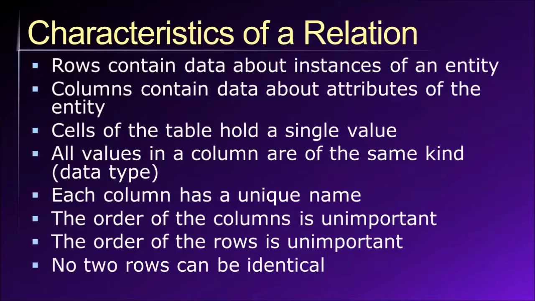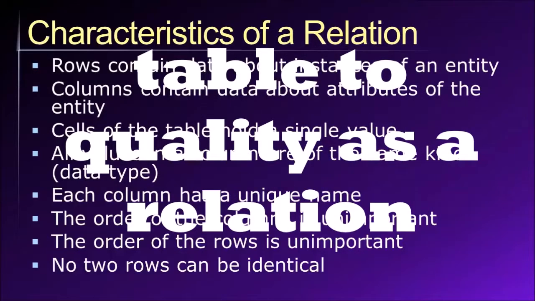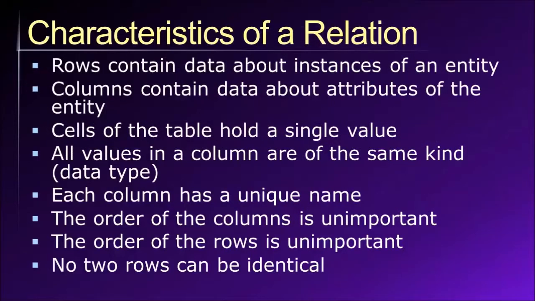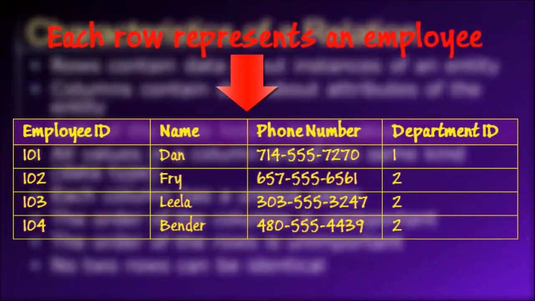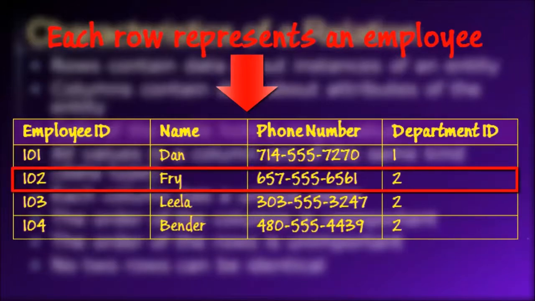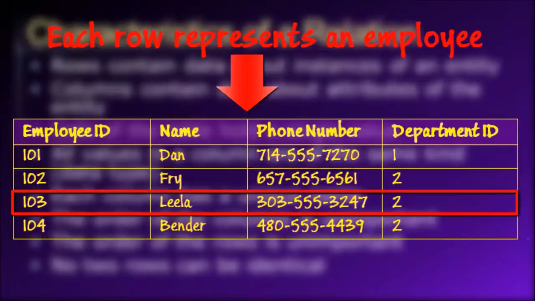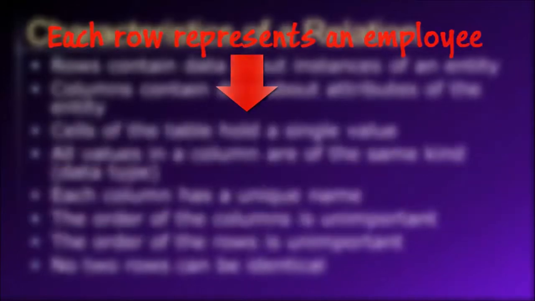As you can see on your screen, several conditions must be met in order for a table to qualify as a relation. First, the rows in the table must contain information about instances of an entity. For example, if we are working with an employee relation, then each row in the table would represent a single employee.